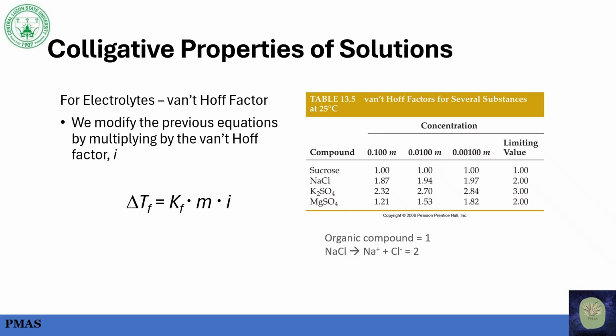And for K2SO4, since it will produce three ions, 2 K plus and 1 SO4 2 negative, the Van't Hoff factor is 3. And for MgSO4, this is Mg positive 2 and SO4 negative 2, so the Van't Hoff factor is 2 since we only have 2 ions. But again, this Van't Hoff factor is concentration dependent, so it only applies at higher concentrations.